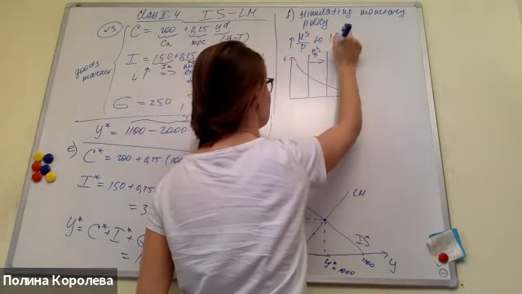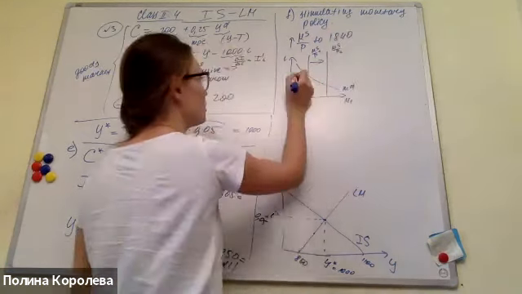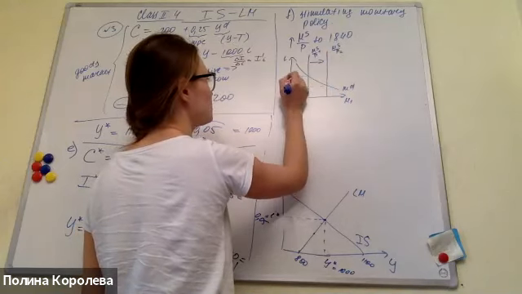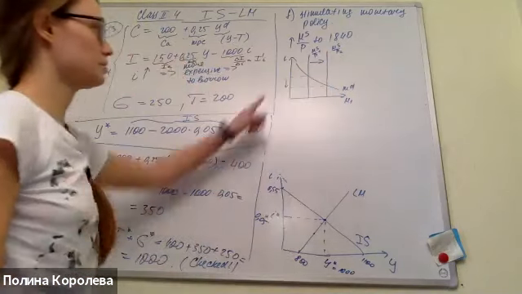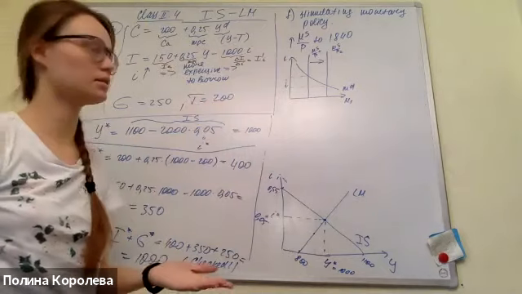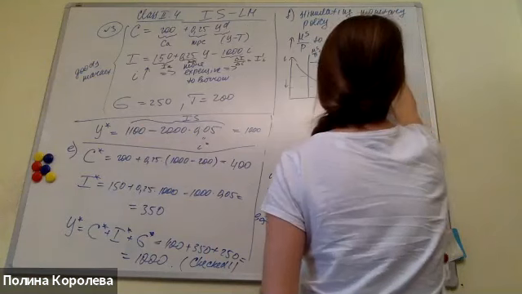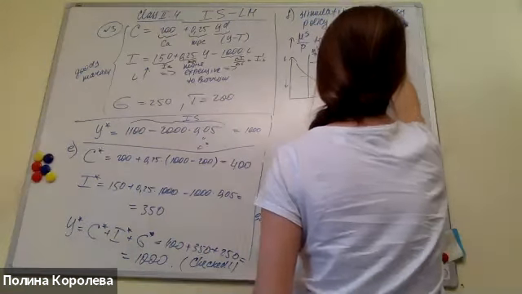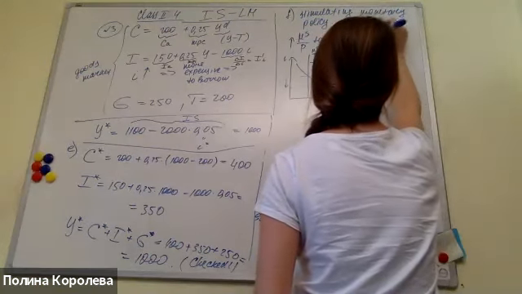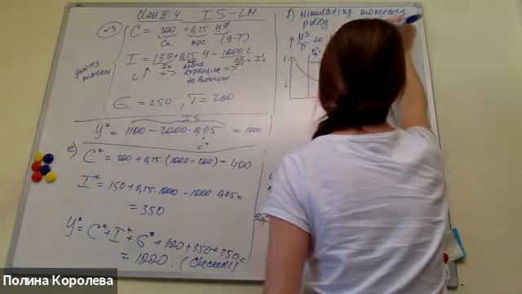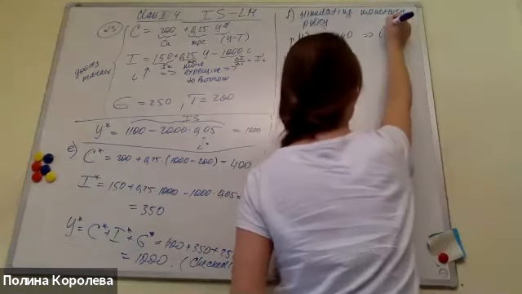What will happen with the equilibrium interest rate? It decreased, as in each market in the micro course. So if money supply increases, the equilibrium interest rate decreases.